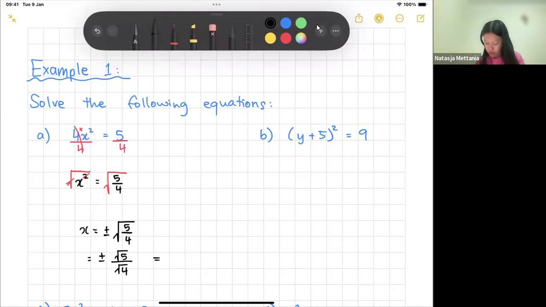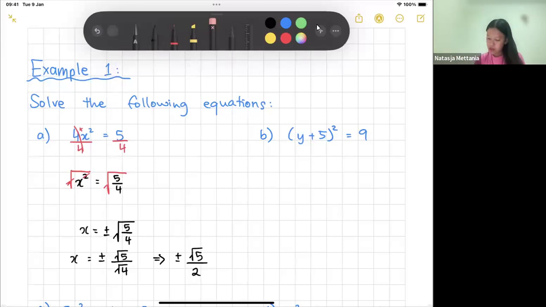Square root 5 doesn't give me a whole number, so I'm just going to leave it as is. Square root 4 gives me 2. So x will equal plus minus root 5 over 2.